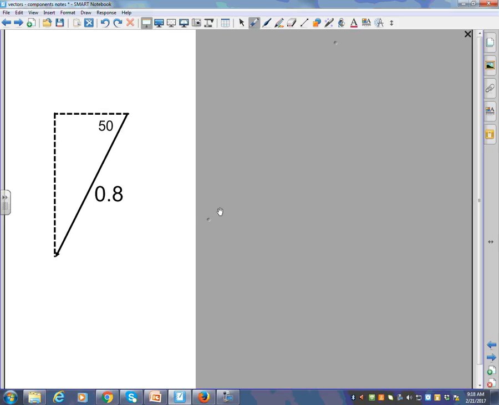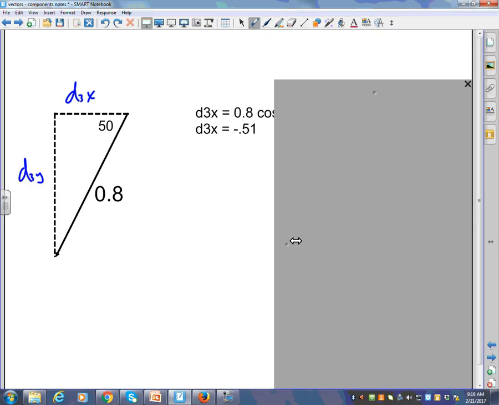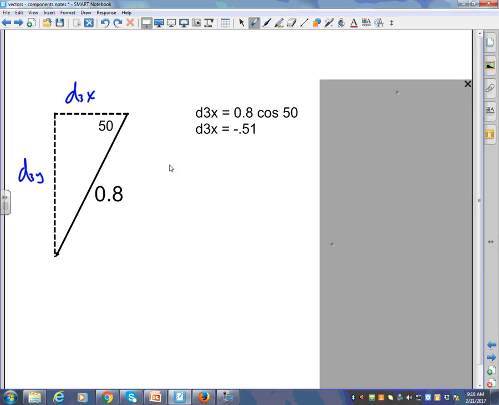I didn't label this. D3x, D3y. Now this time, the x is adjacent, so it's going to be cosine. So the value is 0.8 cosine 50, adjacent, cosine.